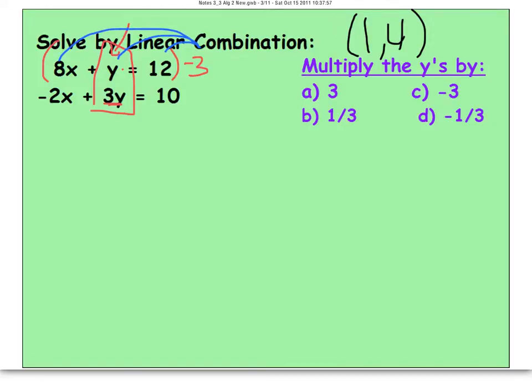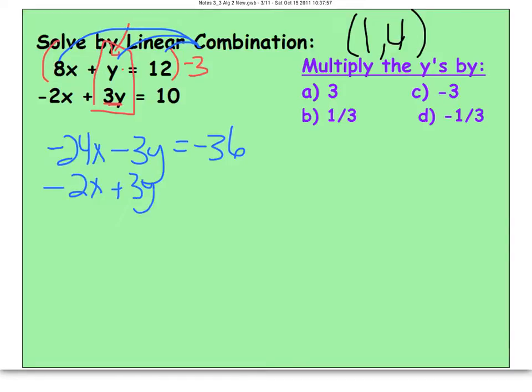So let's rewrite the new equation. 8x times negative 3 is negative 24x. 1y times negative 3 is negative 3y. 12 times negative 3 is negative 36. And then I'll just rewrite the second equation just like we see it. If we add down and add them together, negative 24x minus 2x is negative 26x.